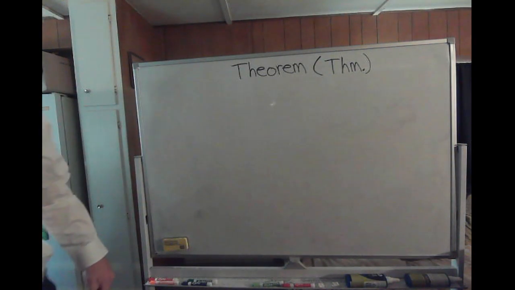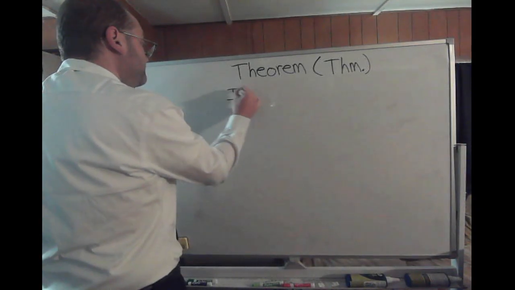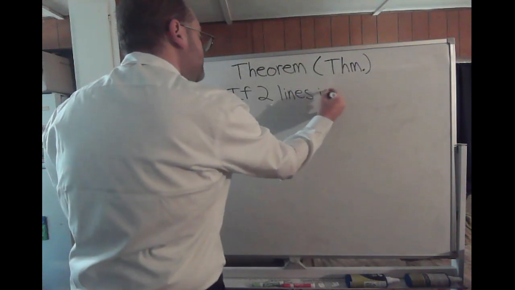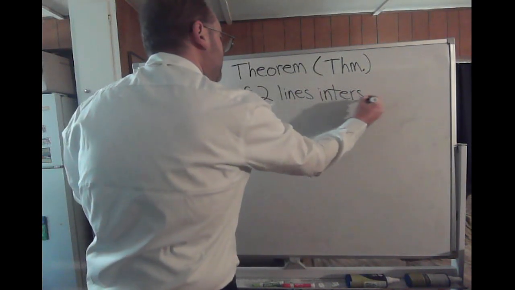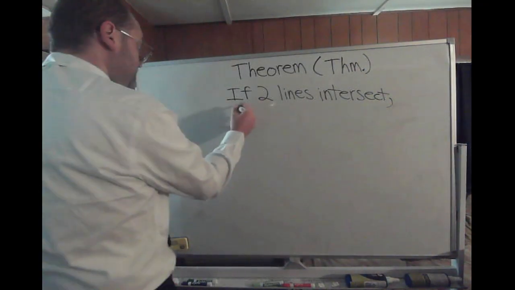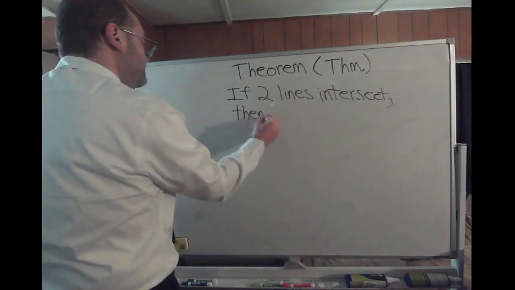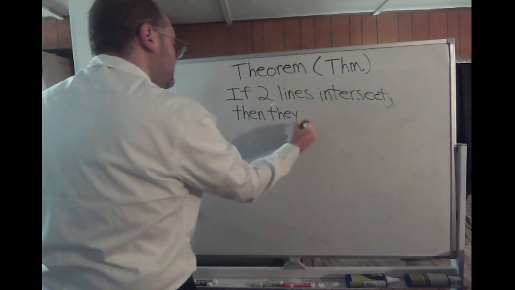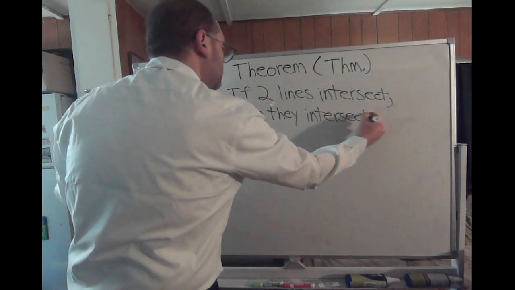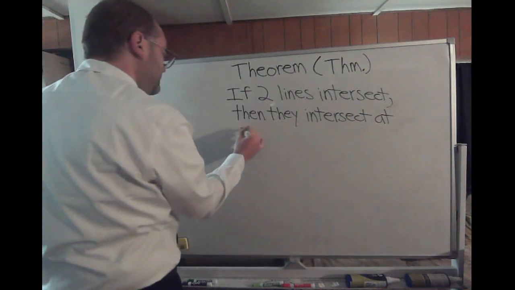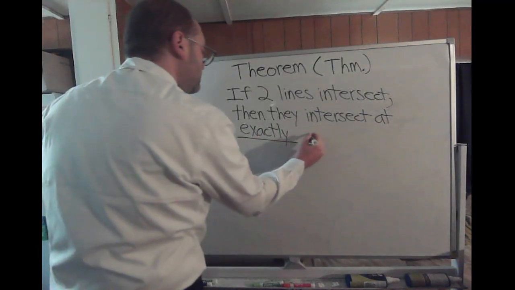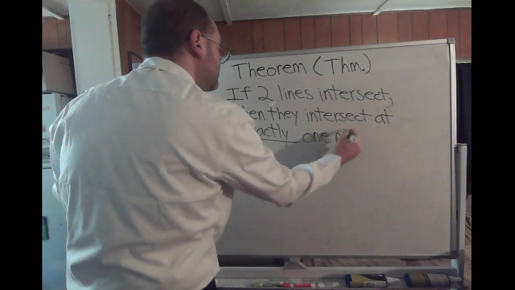This theorem states if two lines intersect, then they intersect at exactly 1 point.